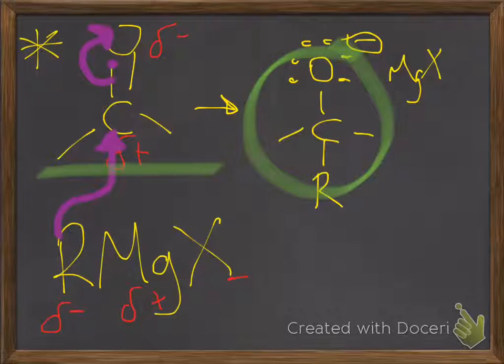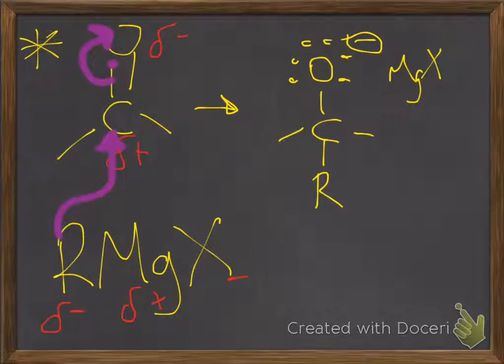But we said the whole goal here was to make an alcohol, and we haven't made an alcohol. Does anyone remember what this is called when it's an alcohol that doesn't have its hydrogen? What is it called when an alcohol loses its hydrogen? This is just a generic name.